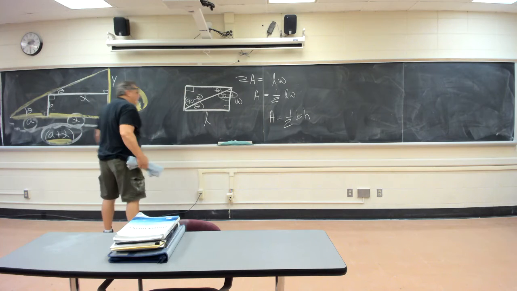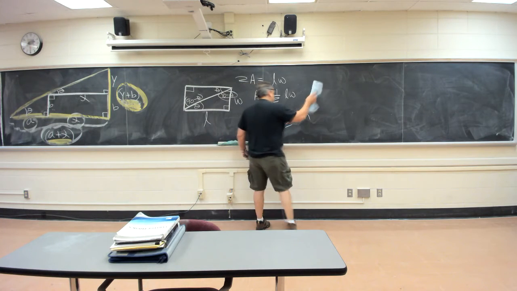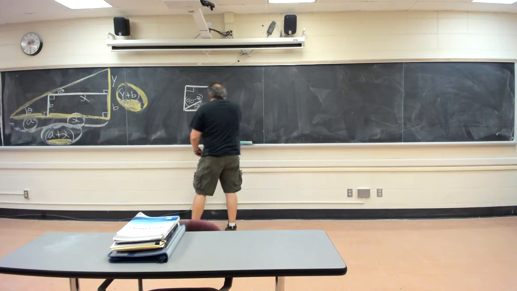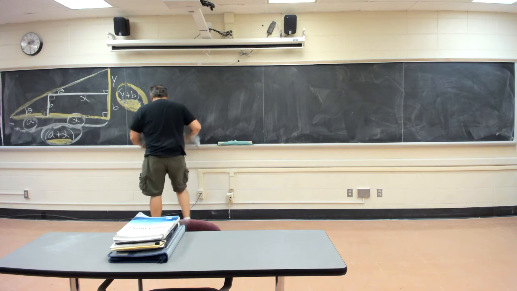So I'll tell you what I'm going to do. I'm going to find the real big area. I'm going to use the formulas we already know. And we'll take it from there.